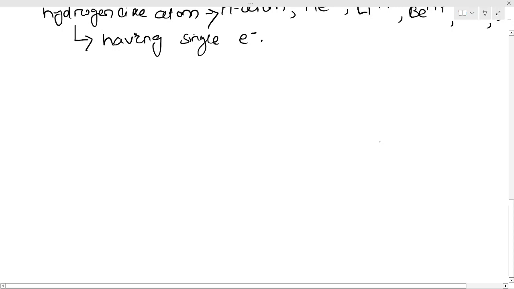Let's see Bohr's postulates. This is very important.